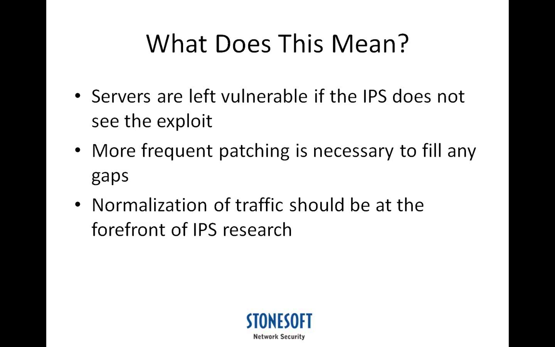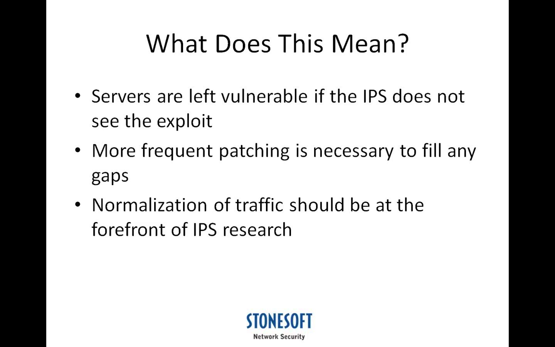But now, when you start evading at multiple levels of the stack simultaneously, there hasn't been a great deal of research put into how to make IPS devices more efficient at normalizing that traffic.